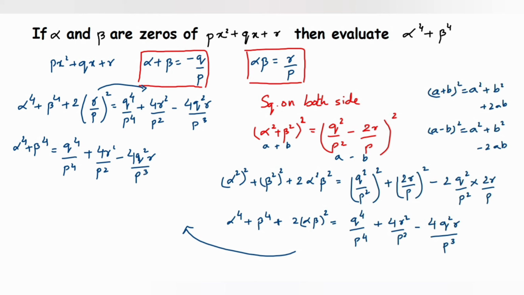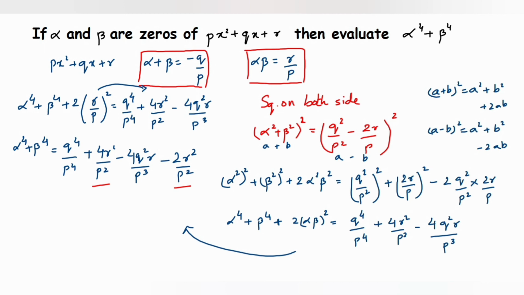Now we'll transpose 2r square upon p square to the other side, it becomes minus 2r square upon p square. Now if you see, we can combine 4r square upon p square and minus 2r square upon p square, because the denominators are the same.